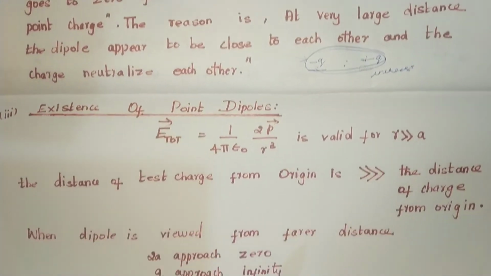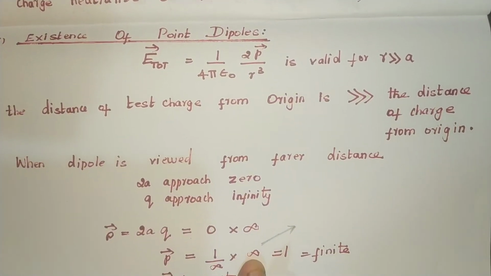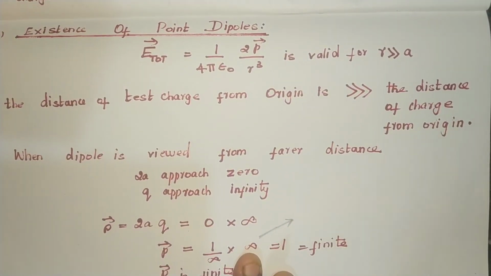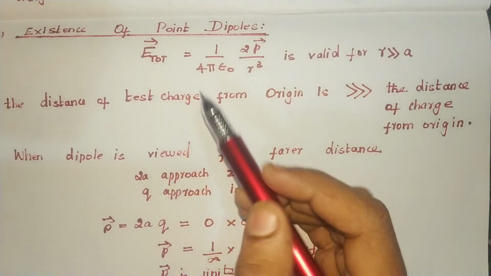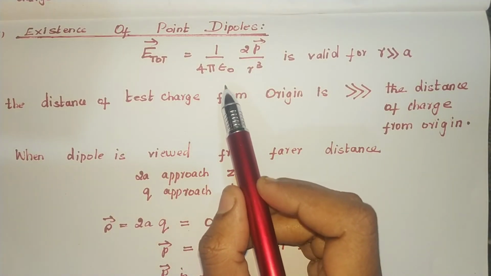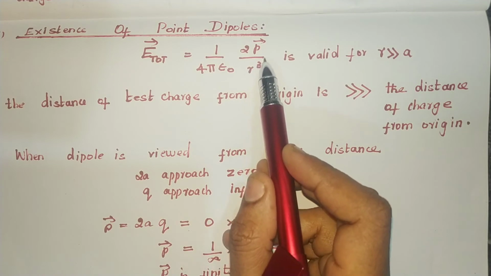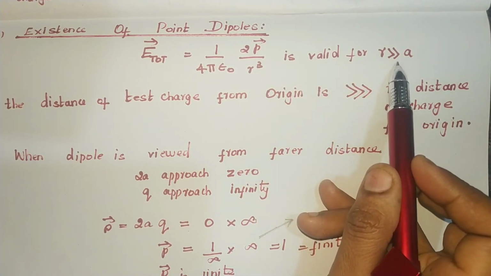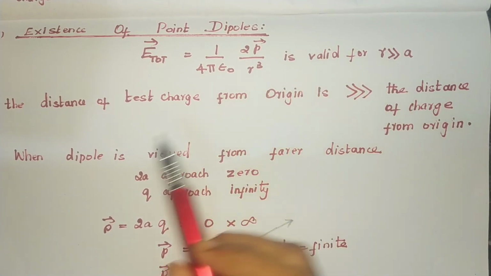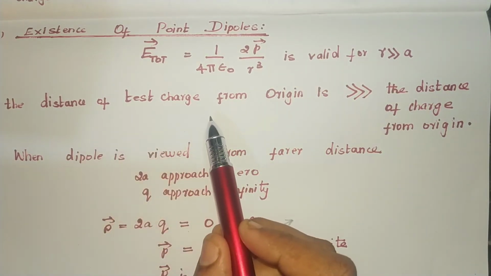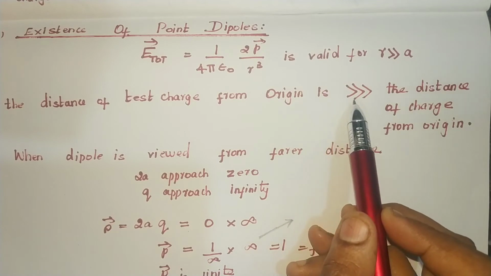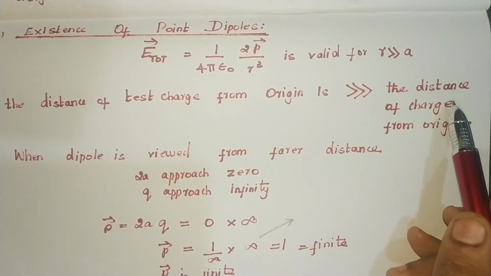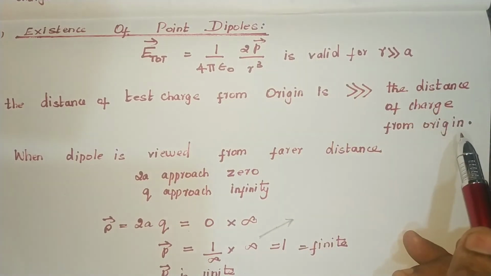Next one, we are going to conclude about the existence of point dipoles. Now E total vector is equal to 1 by 4 pi epsilon naught into 2p by r cube, which is valid for r far greater than a. The distance of the test charge from the origin is very much greater than the distance of the charge from the origin.